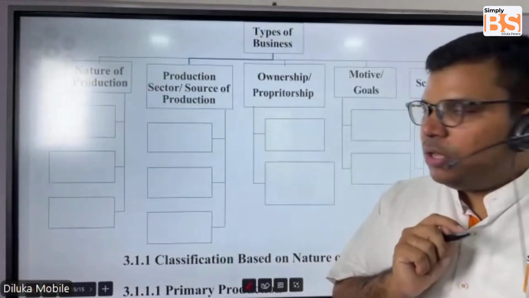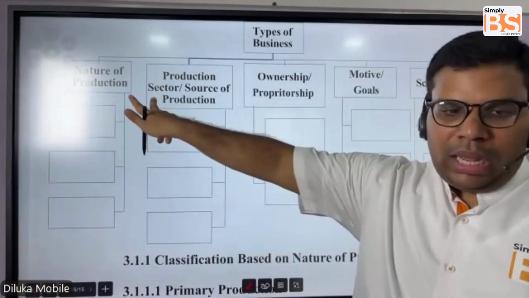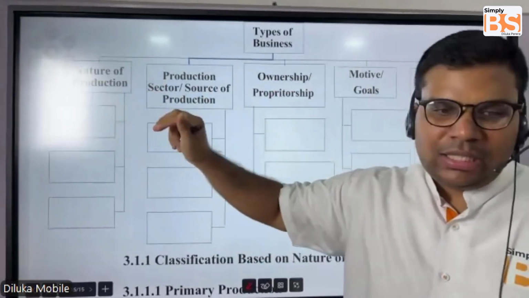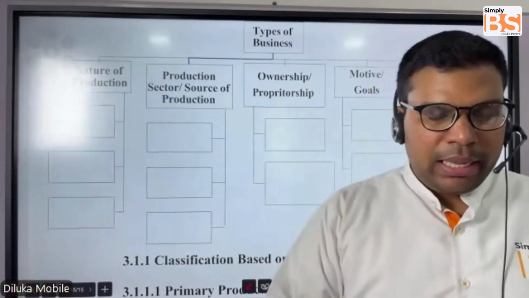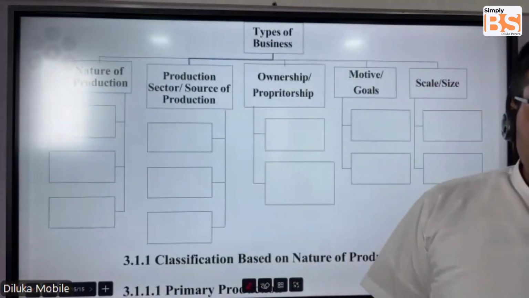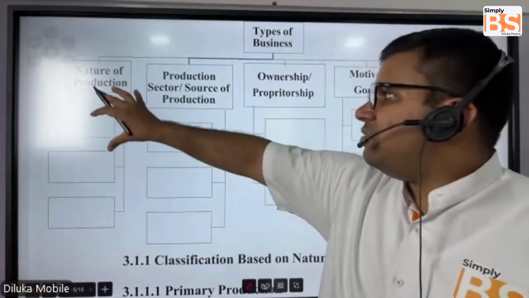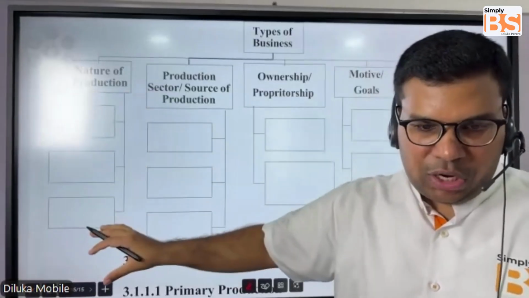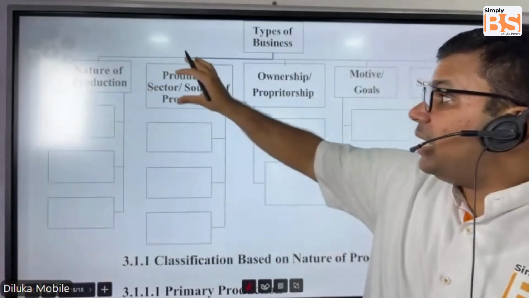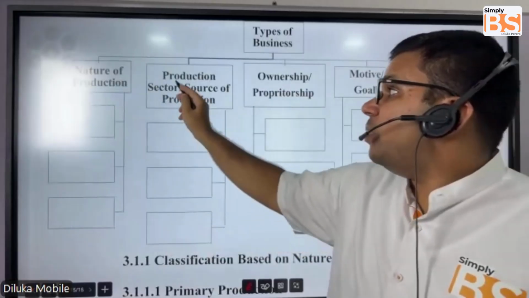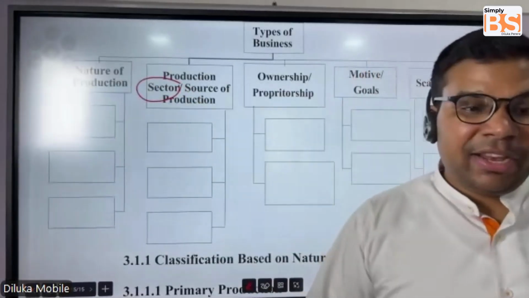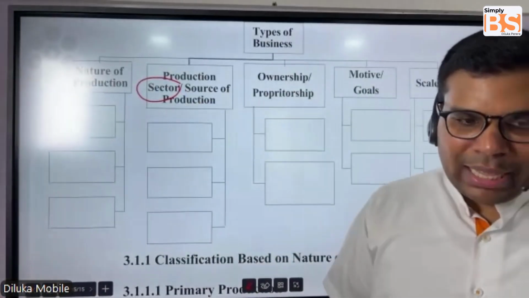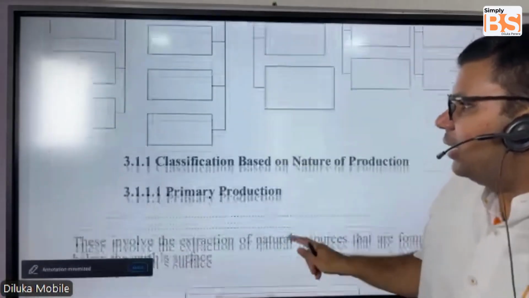We actually have 5 bases, and out of those, there are 2 bases which some students misjudge. We classified businesses based on the nature of production, which is primary, secondary, and tertiary. And then we classified businesses once again based on the production sector that you're in. Based on what you produce, you'll be put into a sector.